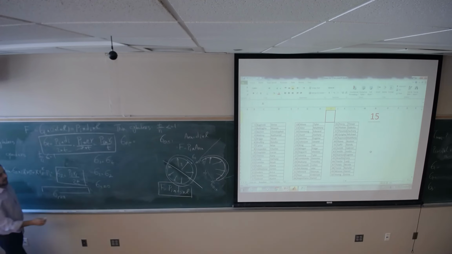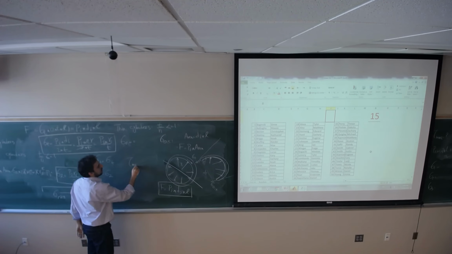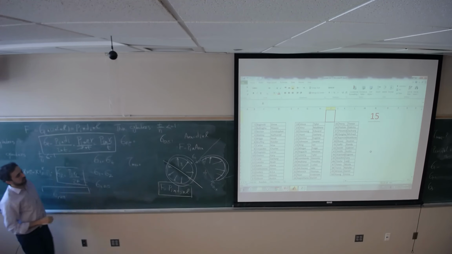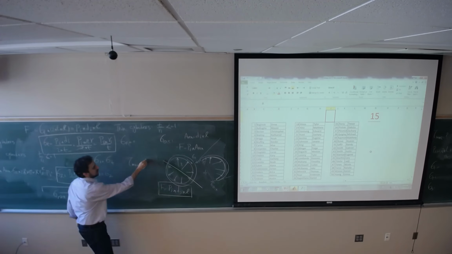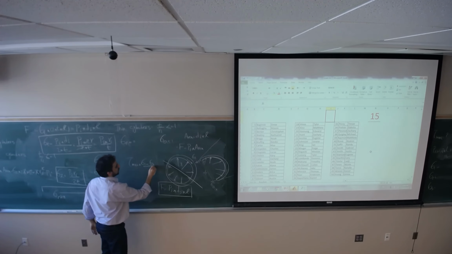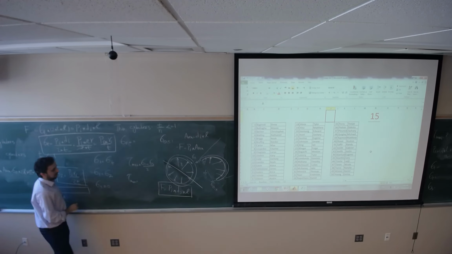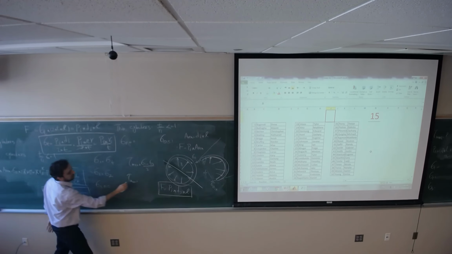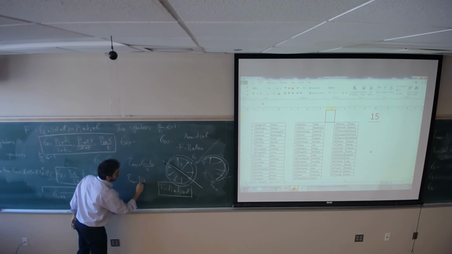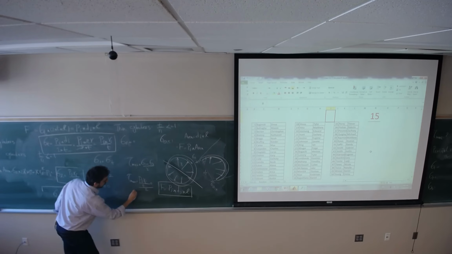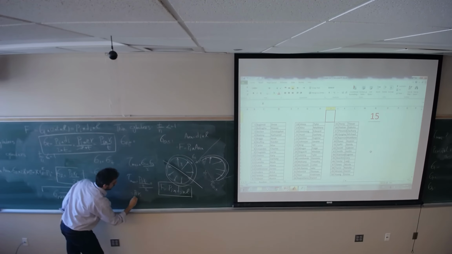After you rank them, the maximum shear stress is always sigma 1 minus sigma 3 divided by 2. So the maximum shear stress would be p Ri over t minus 0 divided by 2, p Ri divided by 2t.